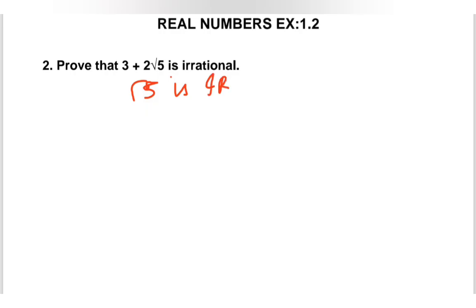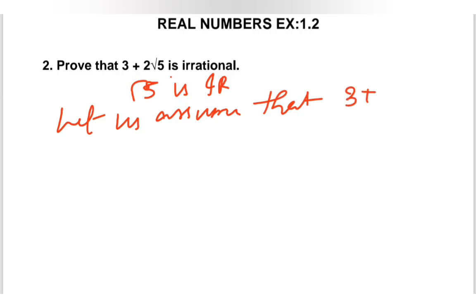Okay, so in the same manner, I have given some important statements in the last slide, so let us take the same steps. First, the assumption. Let us assume that 3 plus 2 root 5 is rational.